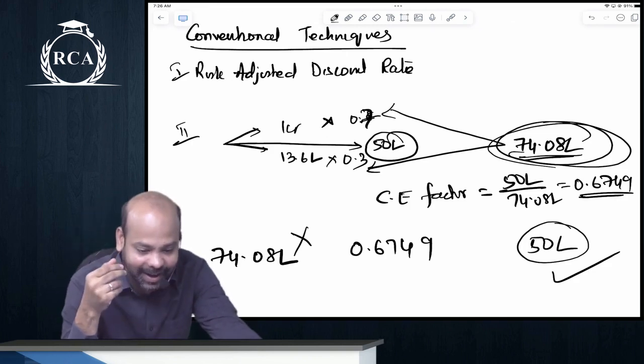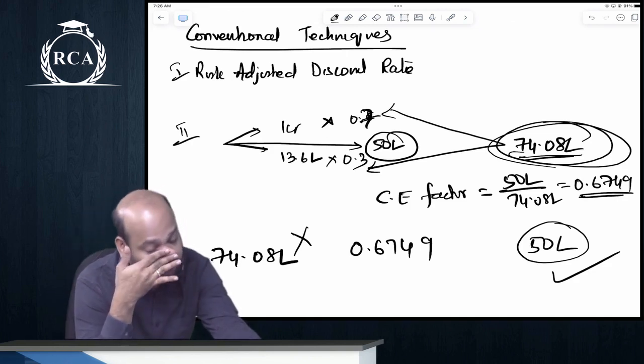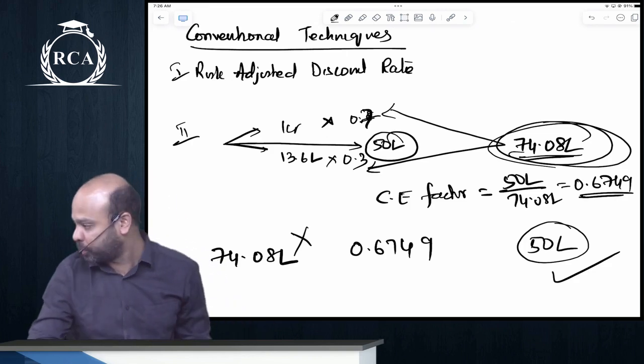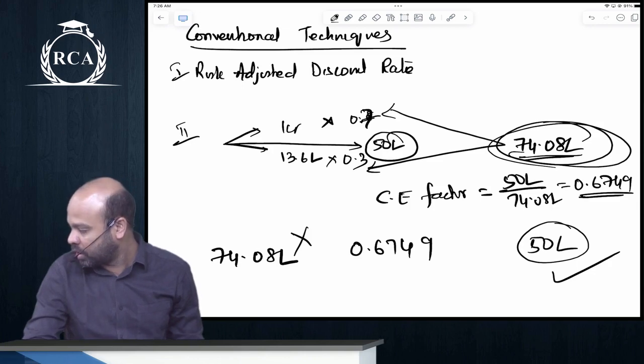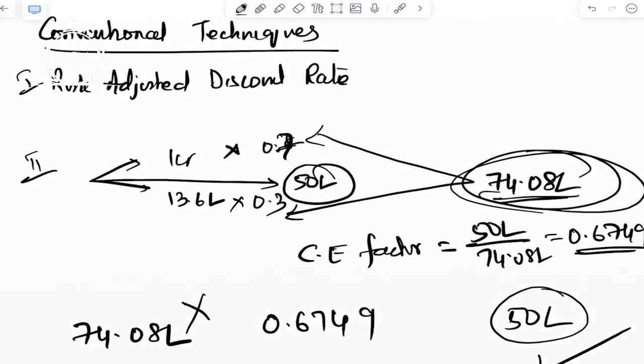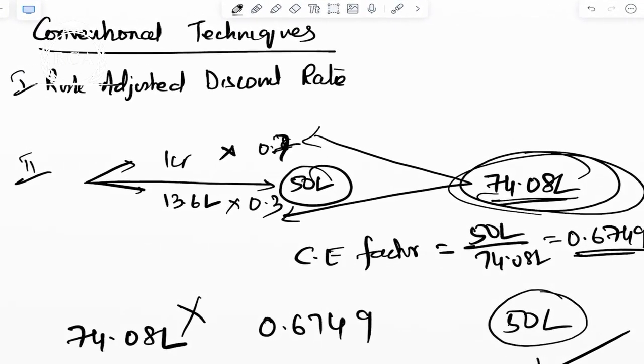Under RADR, the risk of a project should be incorporated in the discounting rate.